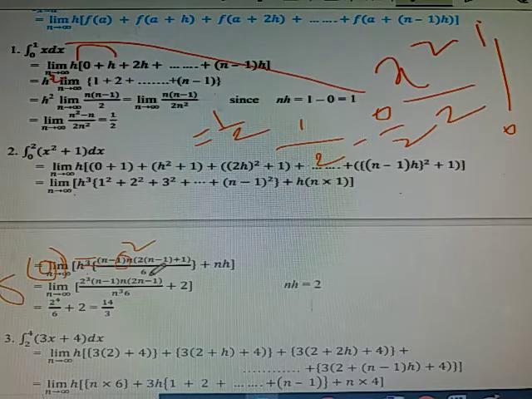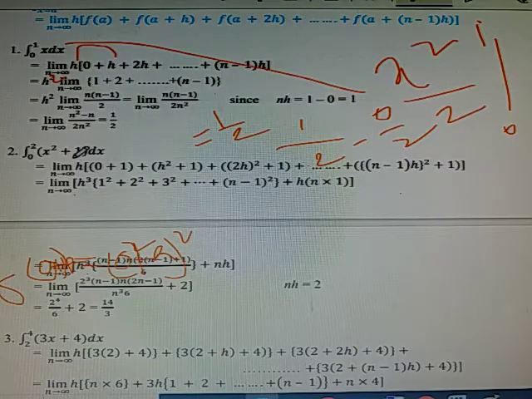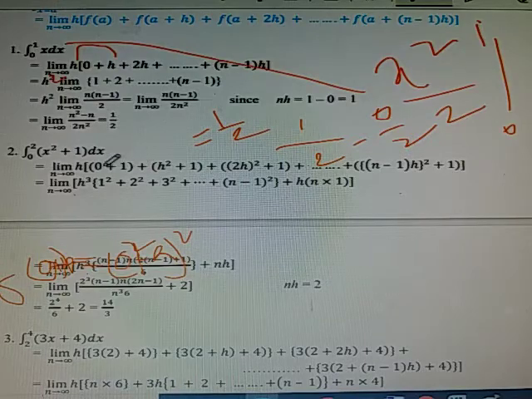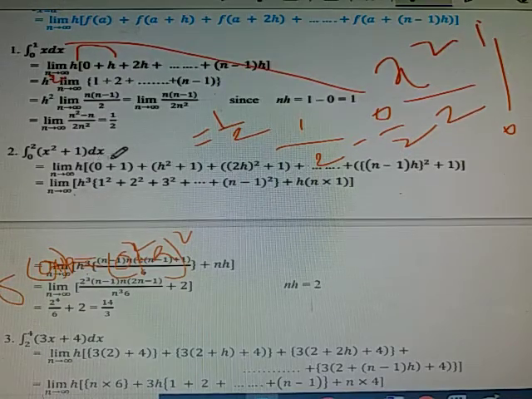Next one is f of 0 plus h, so 0 plus h whole square, and you are getting h square. And 1 is constant, there is no variation. Here x is varying, but 1 is constant, so 1 always remains the same.